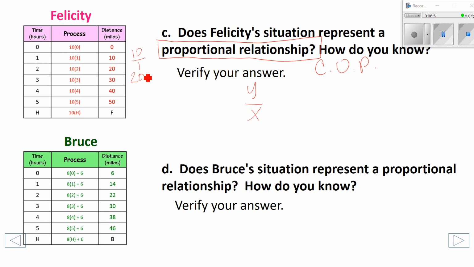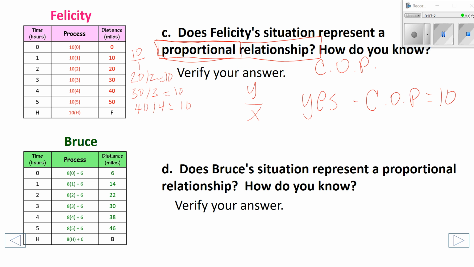And you have 20 over 2, you have 30 over 3, you have 40 over 4, and each of these comes out to 10. So the answer for Felicity is that yes, she has this constant of proportionality which equals 10. So we know that this is a proportional relationship.